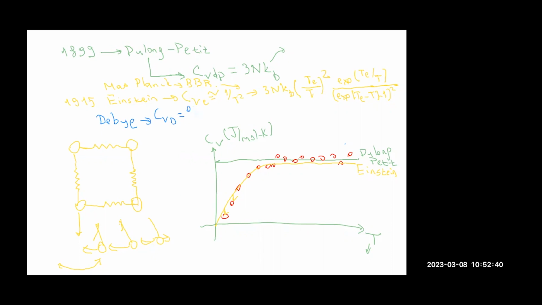I don't remember the whole formulation, but he said that it is proportional, instead of T squared, now it is proportional with 1 over T cubed. So this is the Einstein temperature.